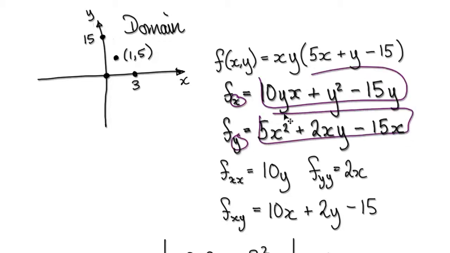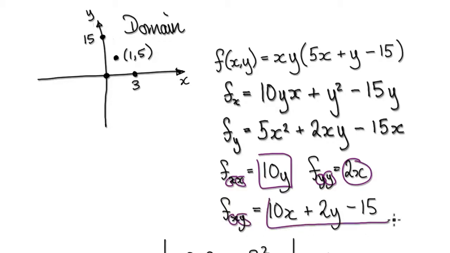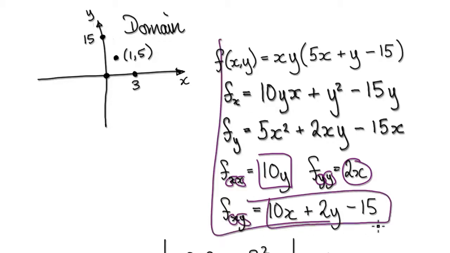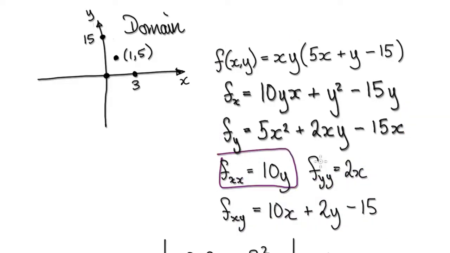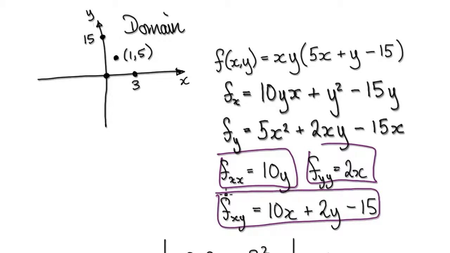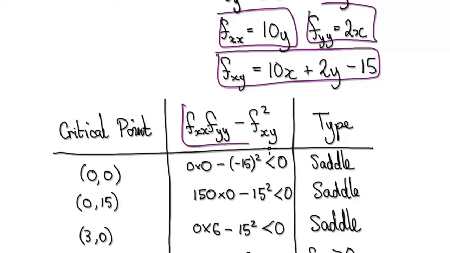Now we need fxx. Well, fxx equals this thing here. Fyy equals this thing. Fxy equals this thing here. I'm assuming you can do this by now. So that will give us these things, and we need them in order to compute this value here.